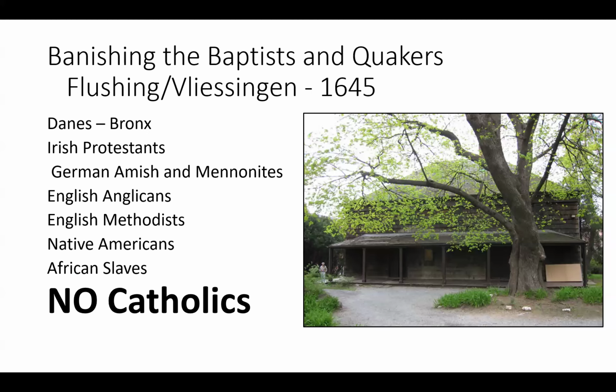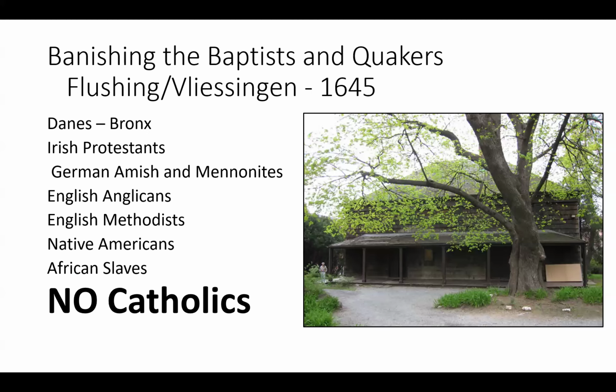Mr. Bronk, where we get the name Bronx, was settled by Danes. Irish Protestants came. German Amish and Mennonites settled in the city. English Anglicans, Church of England, English Methodists. There were Native Americans in Queens and Brooklyn. African slavery was a major institution in the colony.